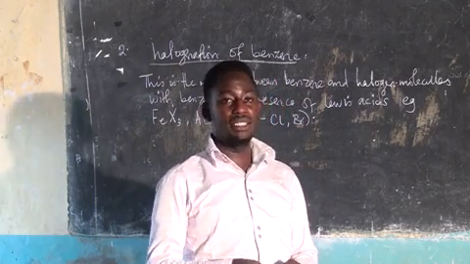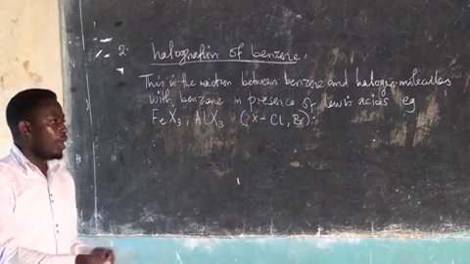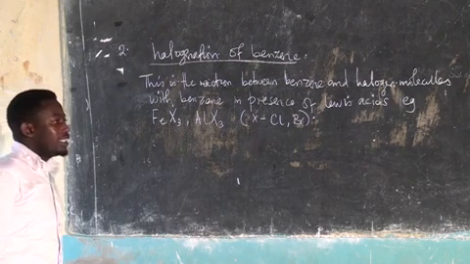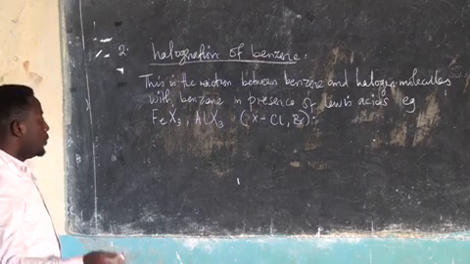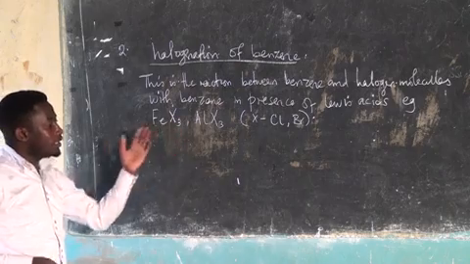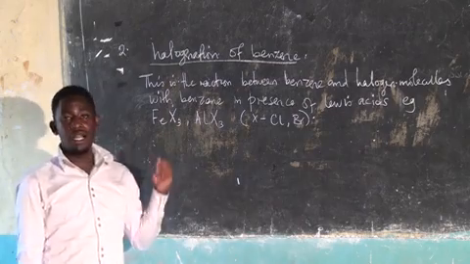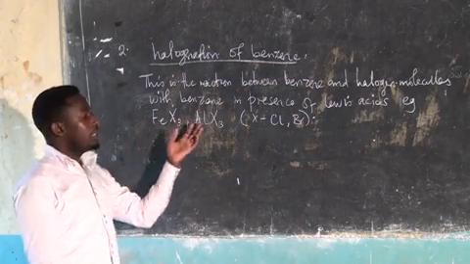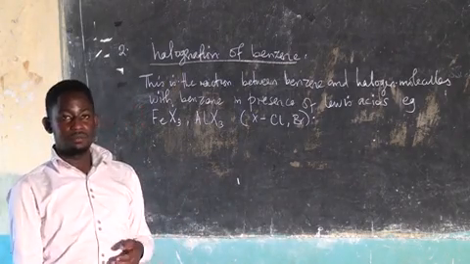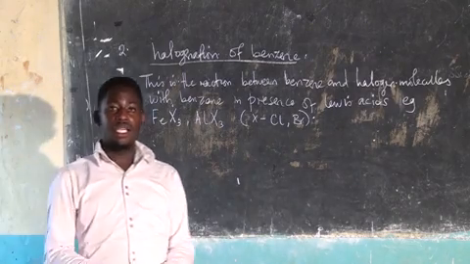Of course, a Lewis acid is a compound that can accommodate more electrons, and therefore it has space where it can accommodate more electrons. So we have a few of the Lewis acids. Iron 3 chloride can work, iron 3 bromide can work, aluminium chloride can work, but also aluminium bromide can work.